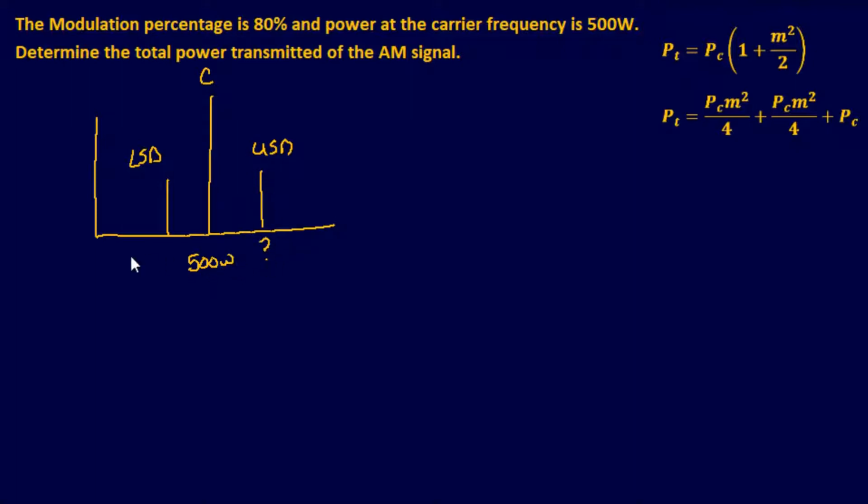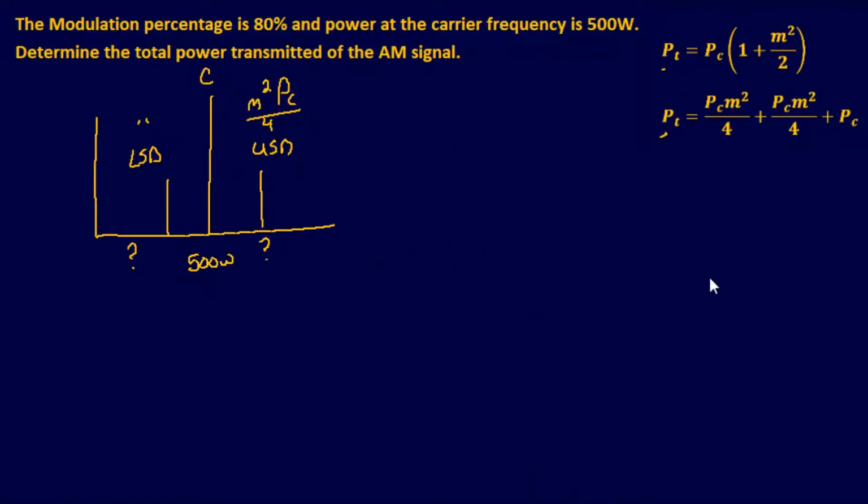And this one's unknown, and this one's unknown for now. In that same picture, I had the modulation index times the power of the carrier divided by 4, and I had that for both sides. Okay, so we want to find the total power transmitted. So we're looking for that guy.